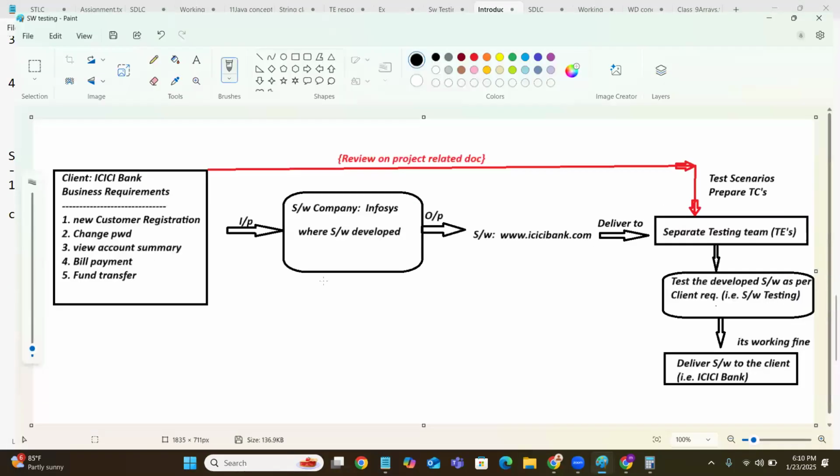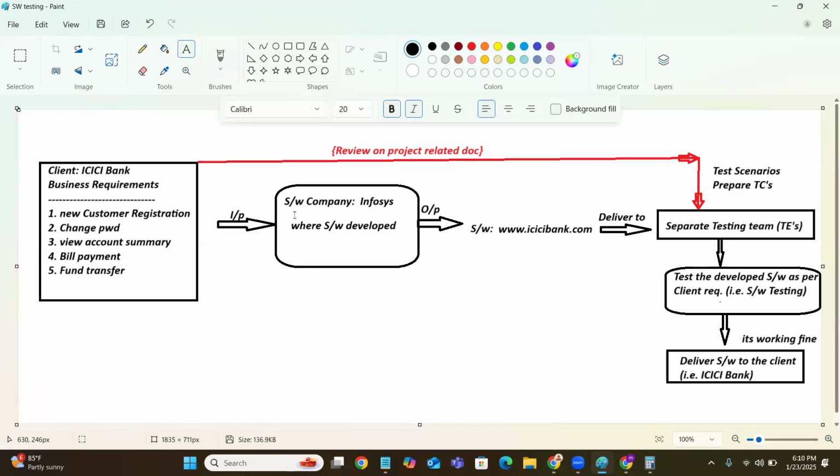Now come to our diagram here. A software developer will perform coding, where the development team will write the programs to develop the software.